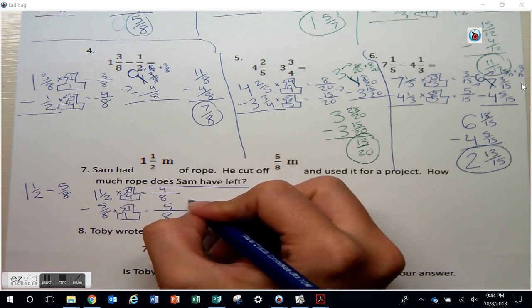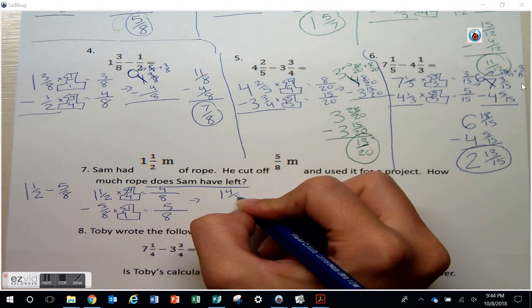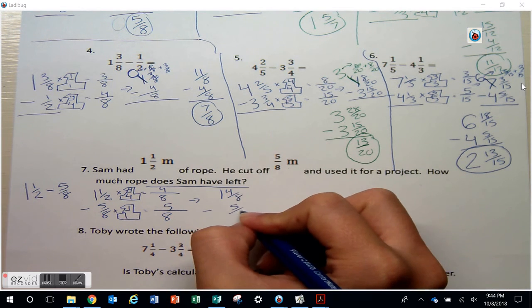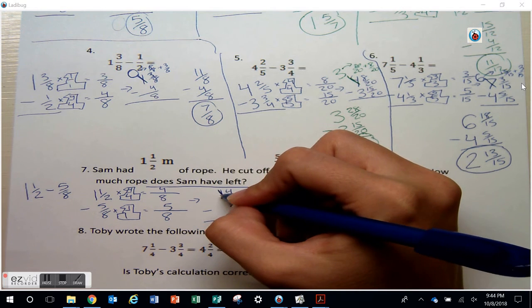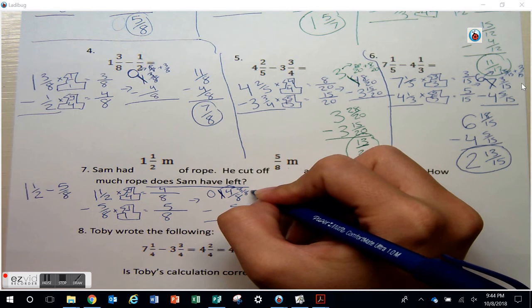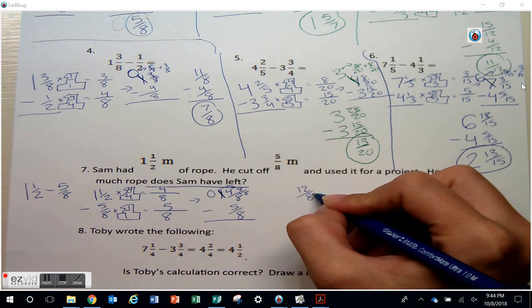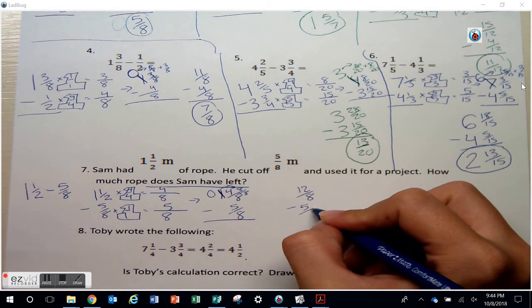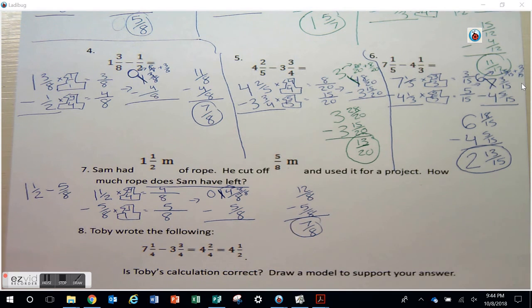So my problem became 1 and 4/8 minus 5/8. We're going to have to borrow from the ones place. That's going to become a 0. We're going to give 8/8 over here, and 4/8 plus that 8/8 gives me 12/8. 12/8 minus 5/8 gives me 7/8.